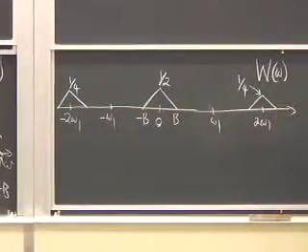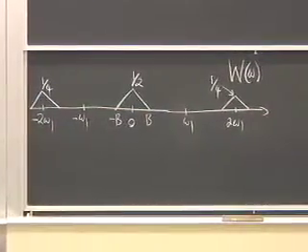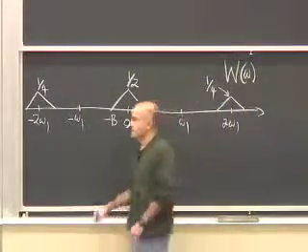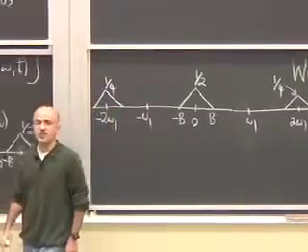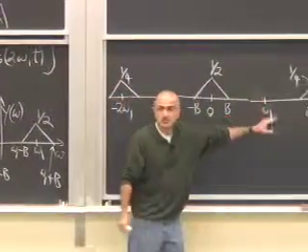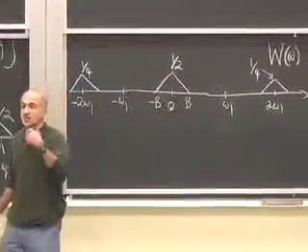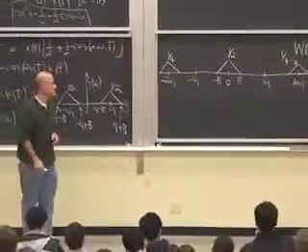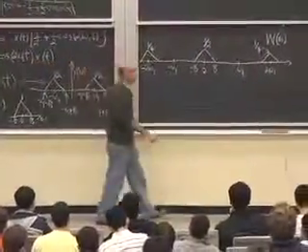Okay? Now, if you had this magic system or wand or whatever you want to call it that would take this and would spit out x of t, what would it do? What would its behavior be in the frequency domain?